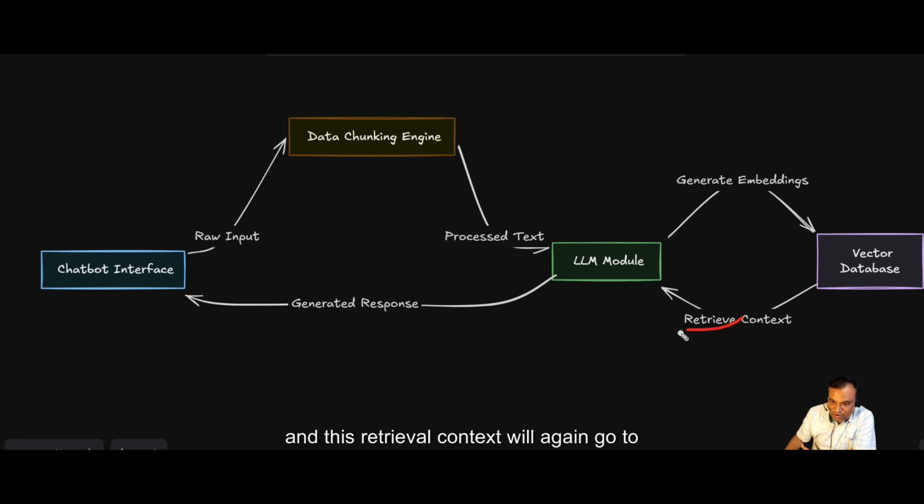And this retrieval context will again go to the LLM. You gave that embedding, I got this kind of embedding, convert it into text and do the sugar coating. That depends upon which kind of LLM module you are working with, because it's a simple architecture. I'm not going deep here into which embedding module or which kind of LLM you are using, because it is required to convert your text into embedding and embedding into text.